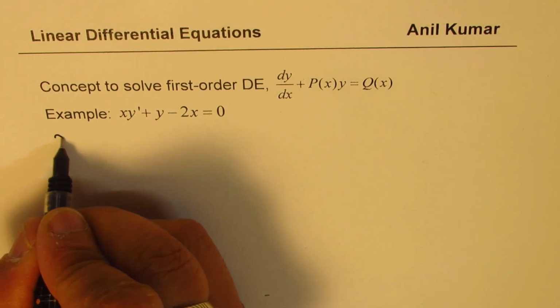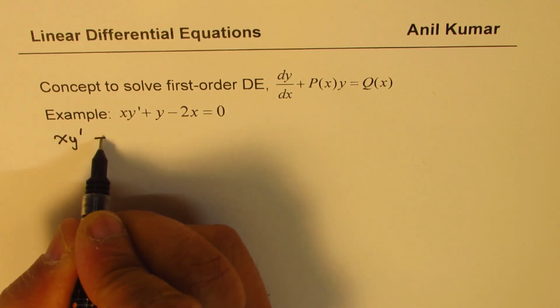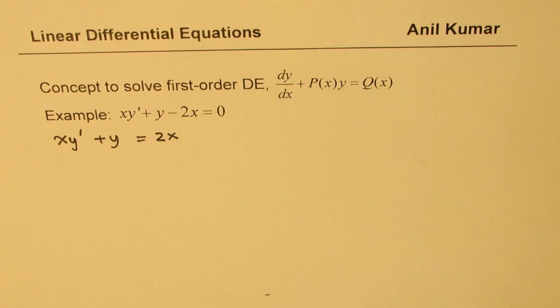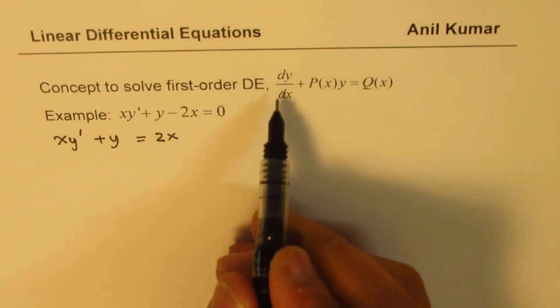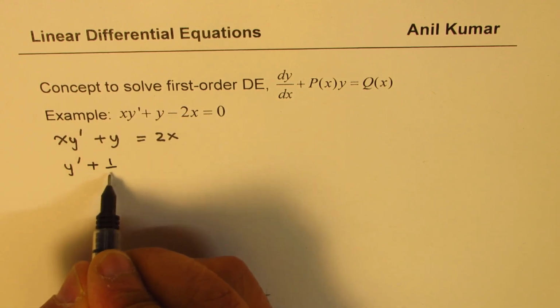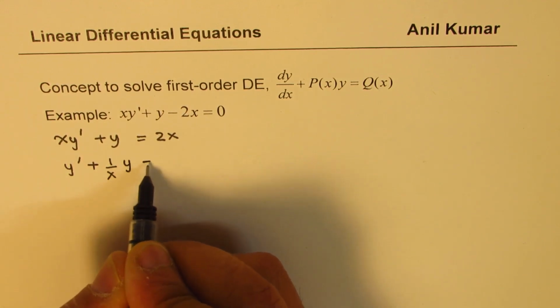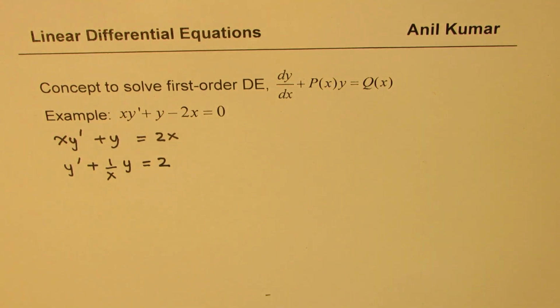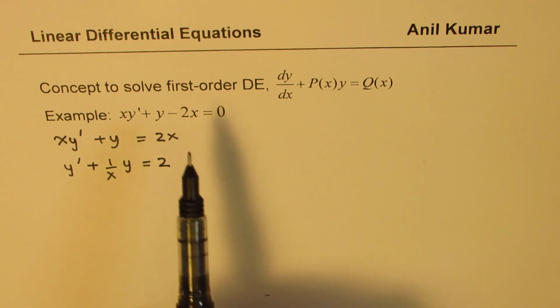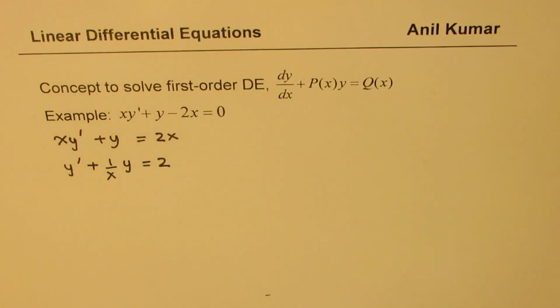We can take 2x to the other side, and then dividing by x, I get y dash plus 1 over x times y equals 2. So that becomes the equation in the given form. So this is definitely a linear differential equation.